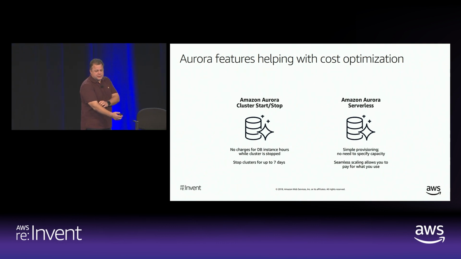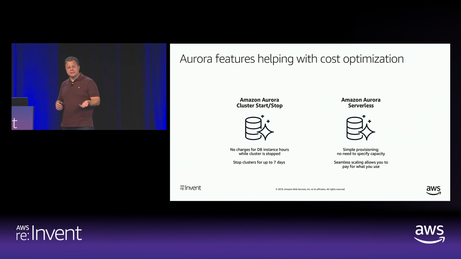So there are two features that come to mind when we're thinking about cost optimization with Aurora. One is the ability for Aurora to start and stop an instance. If you're using what we call provisioned Aurora, the standard, initial Aurora, you can stop the instance and not pay for compute for a period of time.